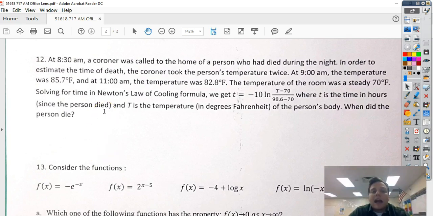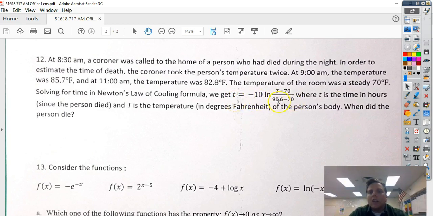Guys, there's some extra information hidden in this problem. Information you don't technically need. Sorry, I was trying to think of the best way to explain it. They gave you two different body temperatures. He measured it twice. The problem is, look at our new formula. Do I actually need to measure it twice in order to find t?